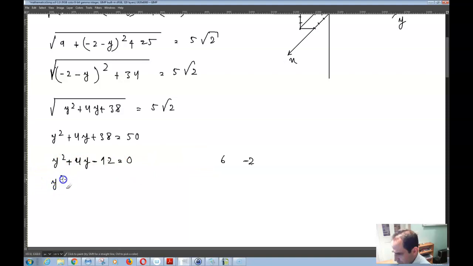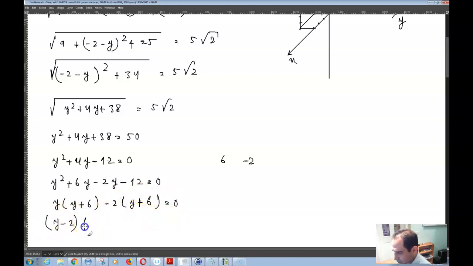So I can write this as y squared plus 6y minus 2y, which is 4y, minus 12 is equal to 0. And y times (y plus 6), negative 2 times (y plus 6) is equal to 0. So (y minus 2) times (y plus 6) is equal to 0, meaning that y is equal to 2 or y is equal to negative 6. These are the two possible answers.